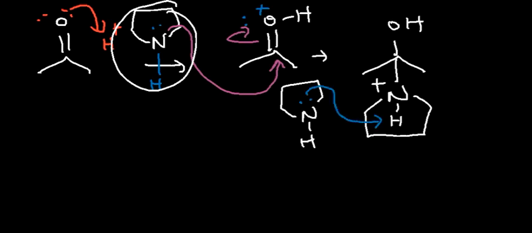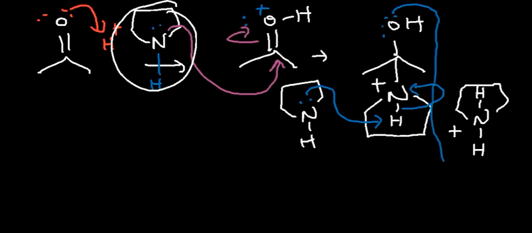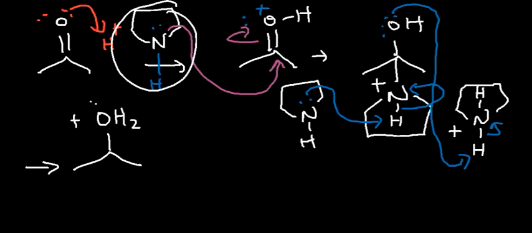So this nitrogen is going to grab this hydrogen, and this bond is going to break. And now that this nitrogen has 2 hydrogens, it can transfer it to the OH. So this oxygen is going to grab one of the hydrogen atoms. And so what we now have is OH2. And this nitrogen has lost its hydrogen, so it has a lone pair.